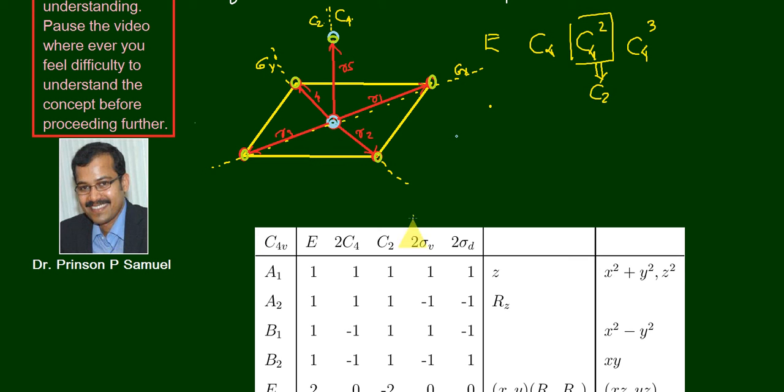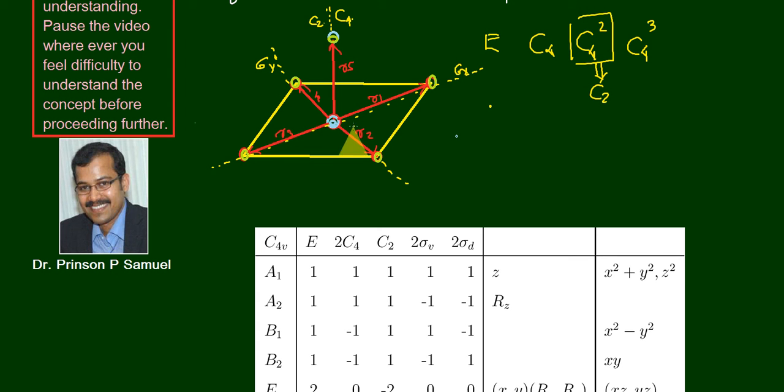Okay, so 2 sigma v's are there, that is why it is written here in the character table as 2 sigma v. And in addition to that, you have 2 more vertical planes. They are actually dihedral planes. Okay, and these planes will also be perpendicular to the plane of the square base, but this plane will be bisecting the angle between any bonds.